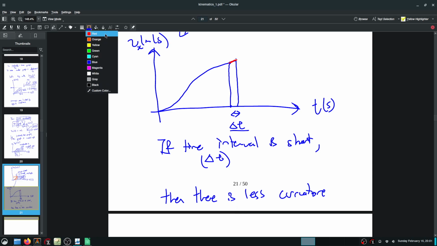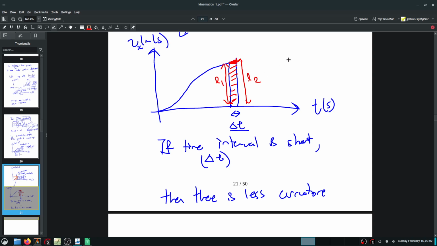Now because this thing is a straight line, I have a very small triangle and a rectangle here. So the distance will be this bit and this length, L2 and then L1.